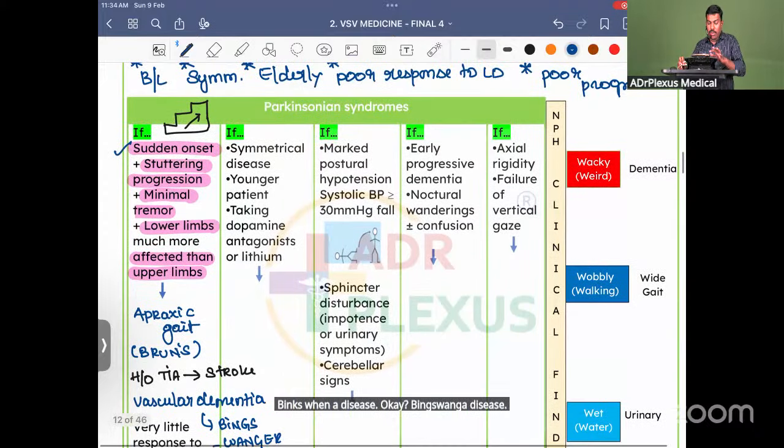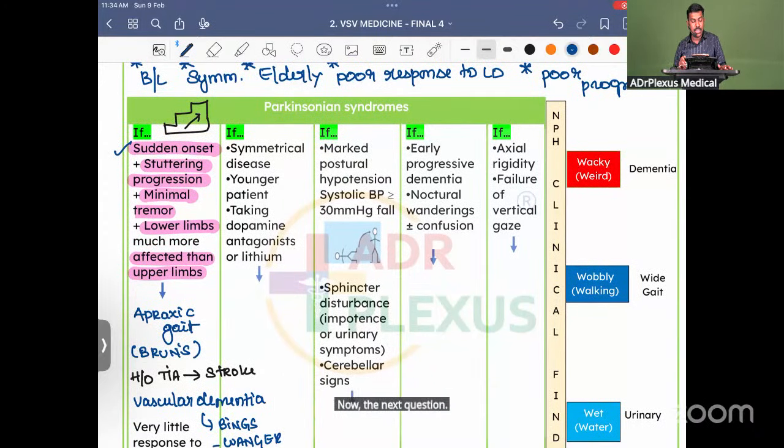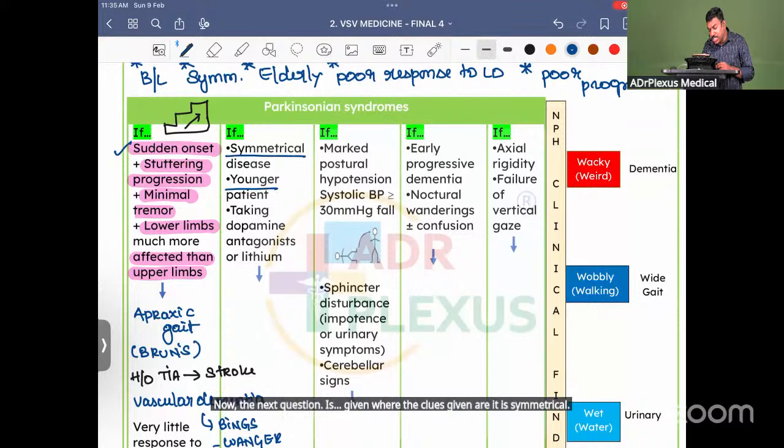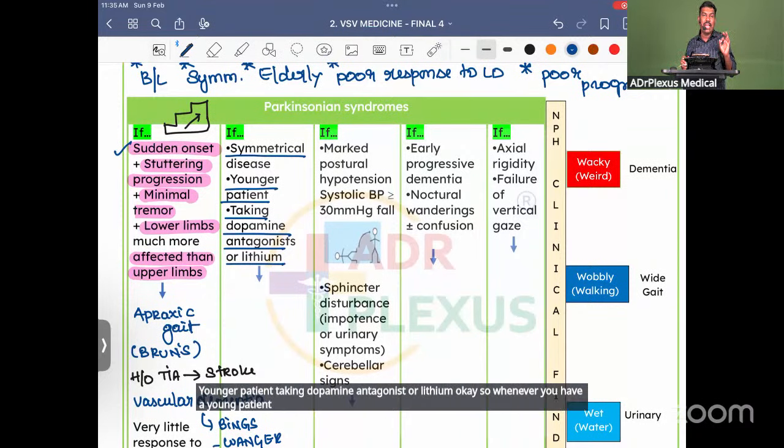Now the next question is given where the clues are: symmetrical, younger patient, taking a dopamine antagonist or lithium. Whenever you have a young patient with Parkinson-like features, you have to think about either a genetic cause or some miscellaneous cause.